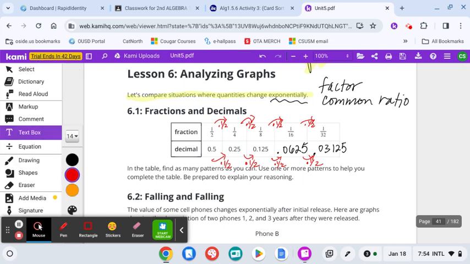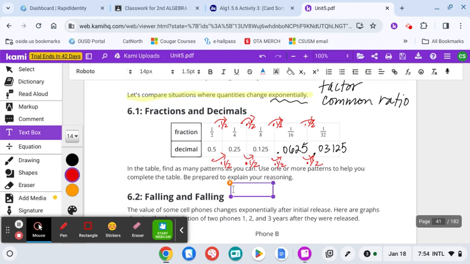All right, let's type out a couple of sample responses that you could have put for this section with your groups.